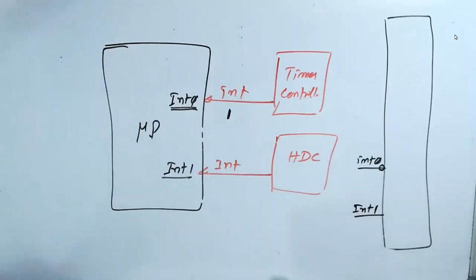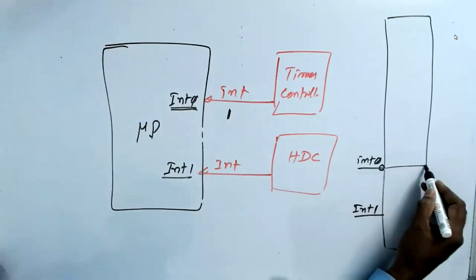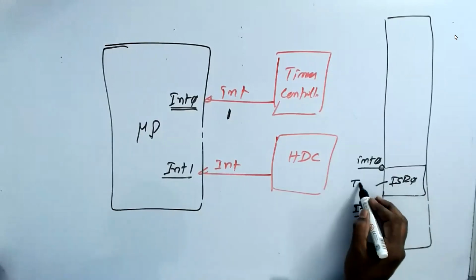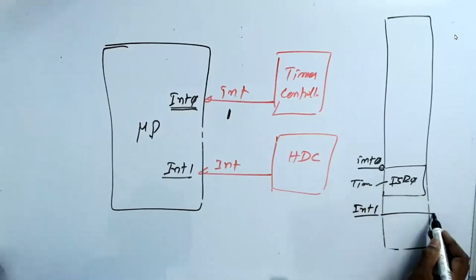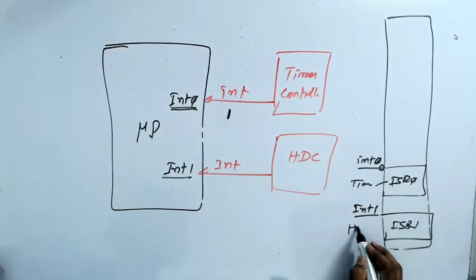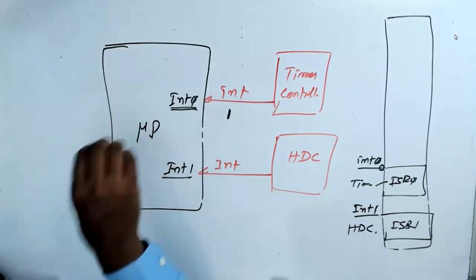You understand? So you should have 2 functions. This is called ISR 0 for the timer. This is called ISR 1. This is the hard disk controller. So this microprocessor is designed this way.